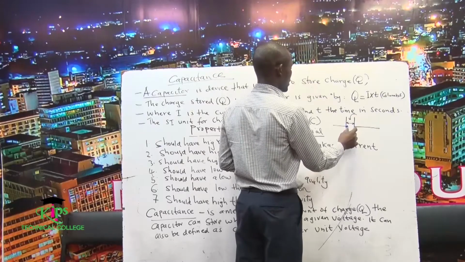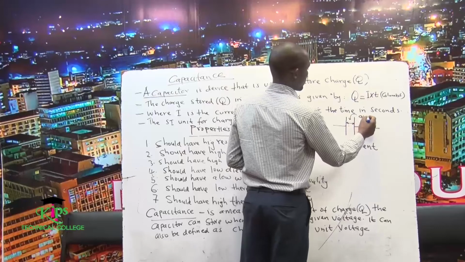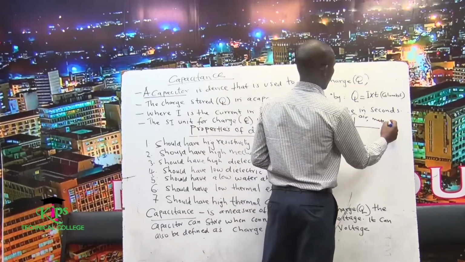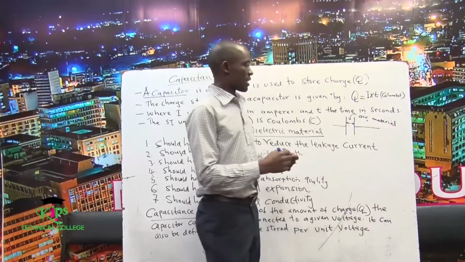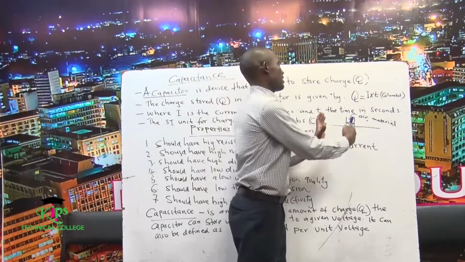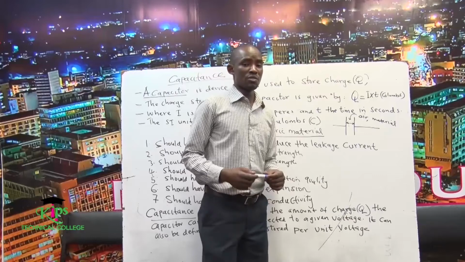So there is a material in between these two plates. This material can be air, it can be any material. We are trying to look at the properties of the material that is put in between the two plates, so that the capacitor will be able to store charge.